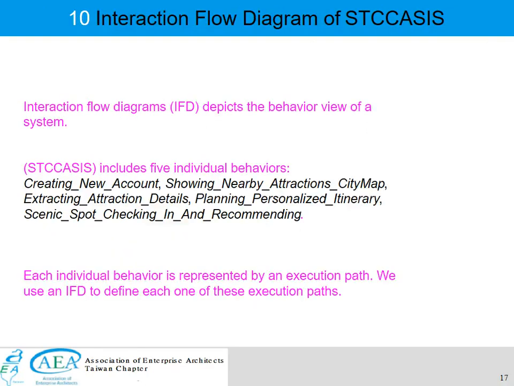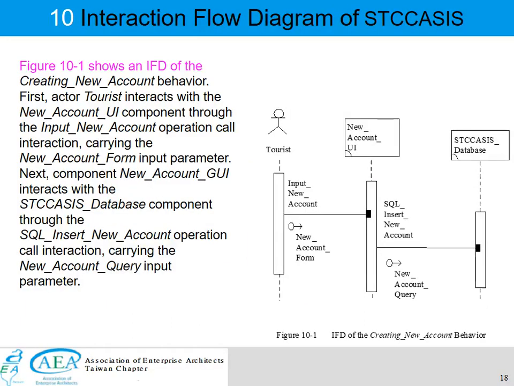Chapter 10, Interaction Flow Diagram of Smart Tourism City IoT System. Interaction Flow Diagram, IFD, depicts the behavior view of a system. STCC AXIS includes 5 individual behaviors. The first behavior shows an IFD of the creating new account behavior.